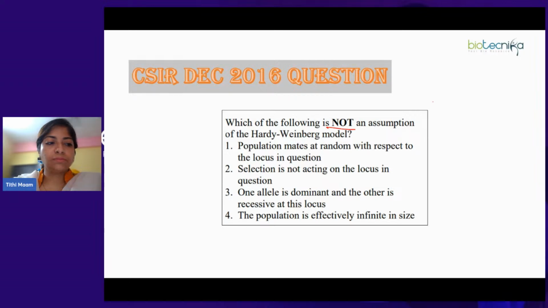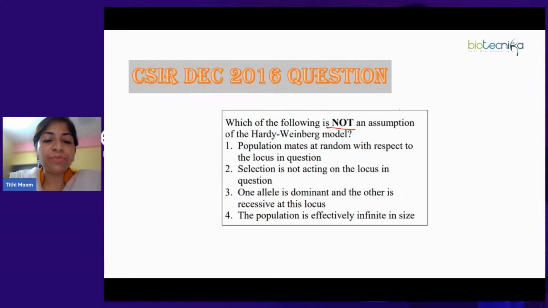Yes, only two people have answered so far. What about others? I'm very surprised to see that everybody has got the wrong answer. The very first assumption of Hardy-Weinberg model is that it is an infinitely large population. Yes, Surendra, Rahul, Achal, Ashu. Yes, now you are correct.